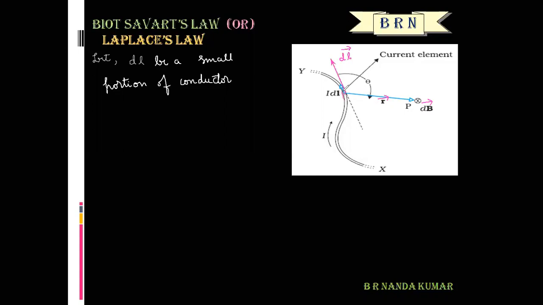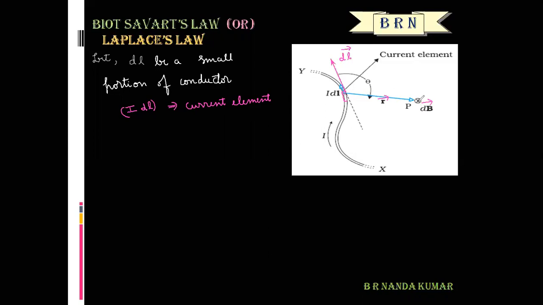So dl, let us consider this is a small element. dl is a small portion of the conductor. I dl is the current element. I into dl is called the current element. r is the distance from the midpoint of the current element and the given point.